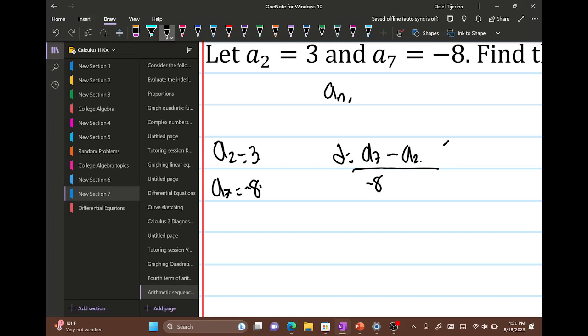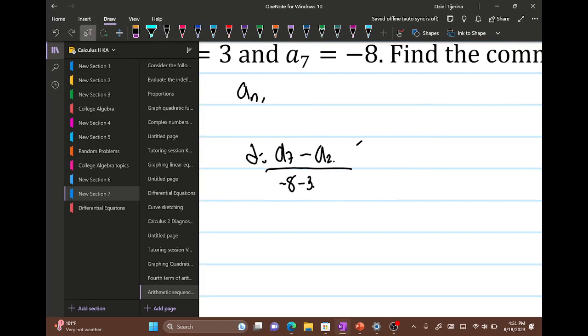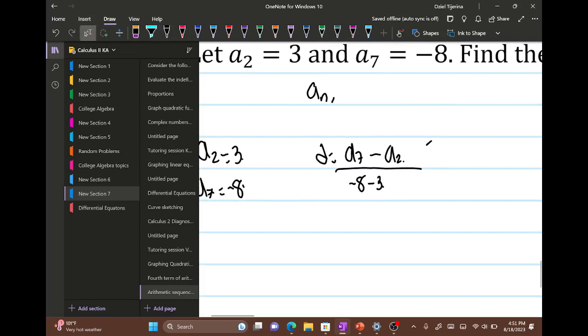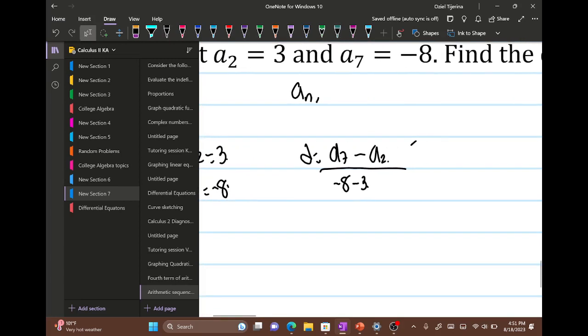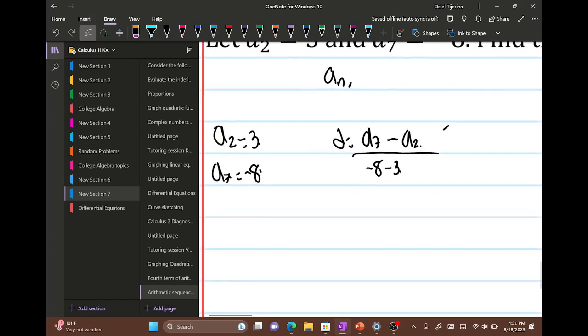This is kind of like that idea I was talking about with slope. However, it's not going to always be like this with all sequences and series. With arithmetic, yes, it will be, but not with geometric. Geometric will be a whole other topic, and we're not going to be able to apply this rule to the geometric ones.